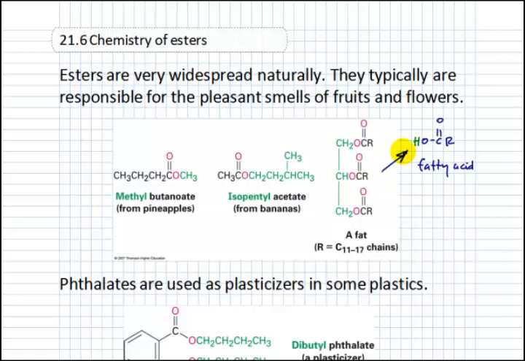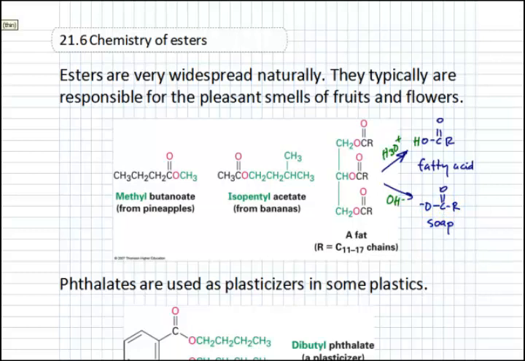Okay. If we do it under basic conditions, here's water, let's call it H3O+. We can get fatty acids. Under basic conditions, as we'll see in just a moment, we can get carboxylates, O-, C double bond O, R, and that is a soap.